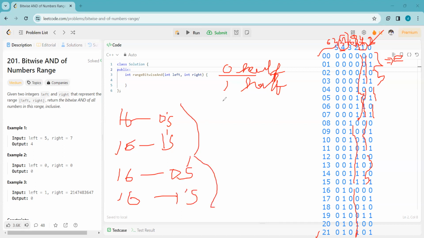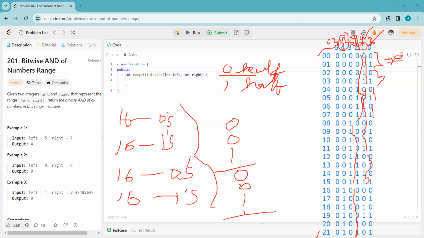So can we use this pattern to solve this question? Now, let's see how bitwise AND works with it. Suppose for the first bit position, the numbers repeat after every four numbers: 0, 0, 1, 1, again 0, 0, 1, 1.